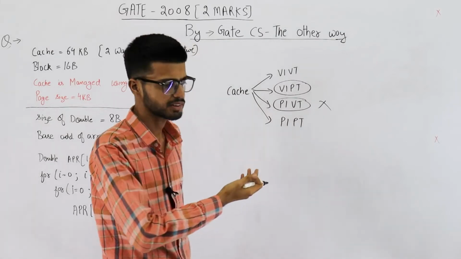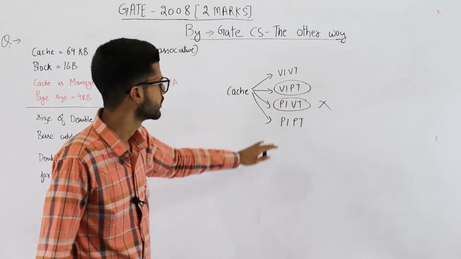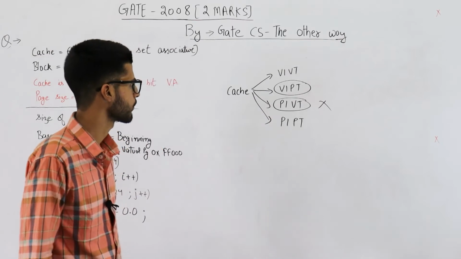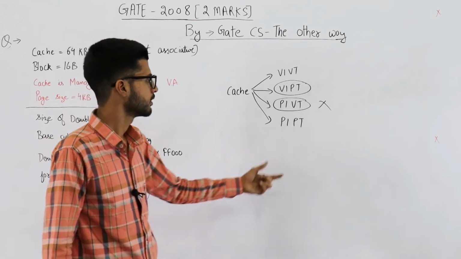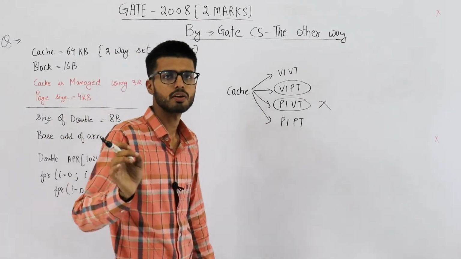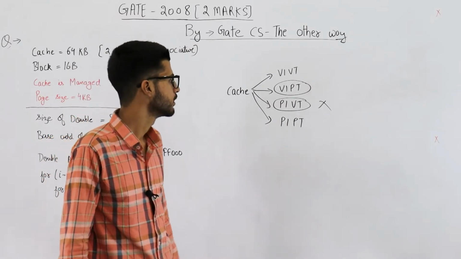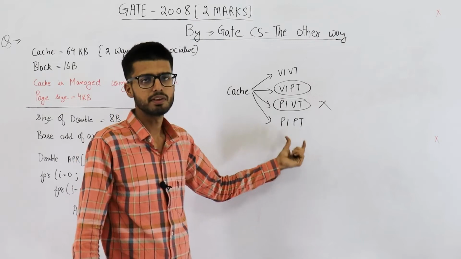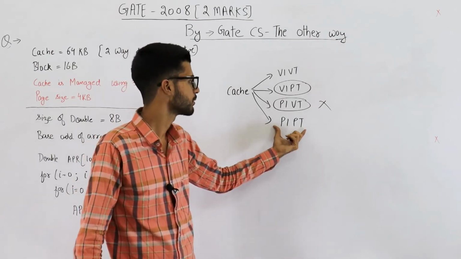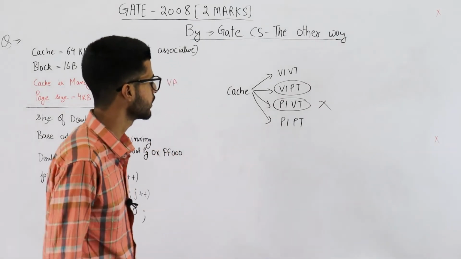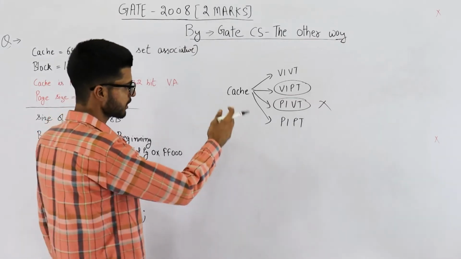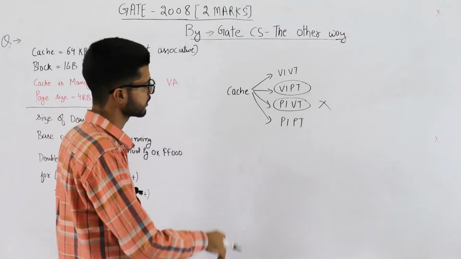Maybe just one processor exists that uses this configuration. Now, PIPT is what you are accustomed to using. That means most of the questions that you solve are related to PIPT, even though you might not be aware of this, but still it's worth knowing that something like this exists.